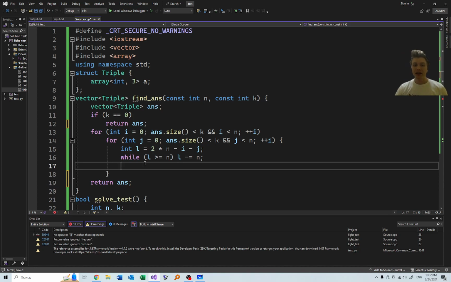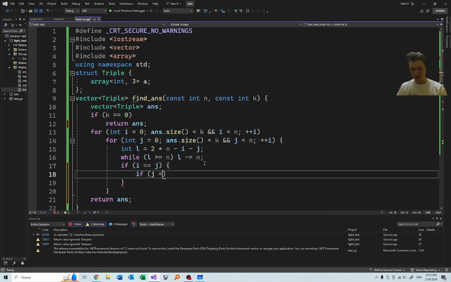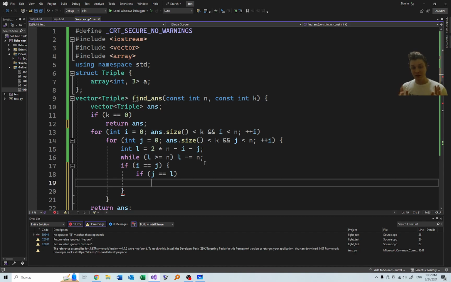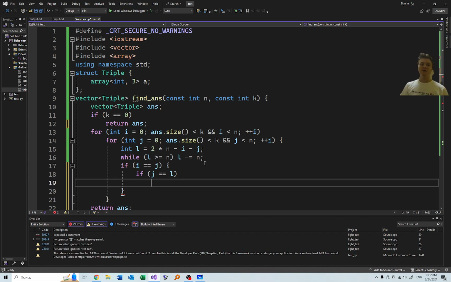Why is that? Because I always want to take 0, 0, 0. So if i equals j and j equals L, then it is either 0, 0, 0 or n over 3, n over 3, n over 3, or 2n over 3, 2n over 3, 2n over 3.